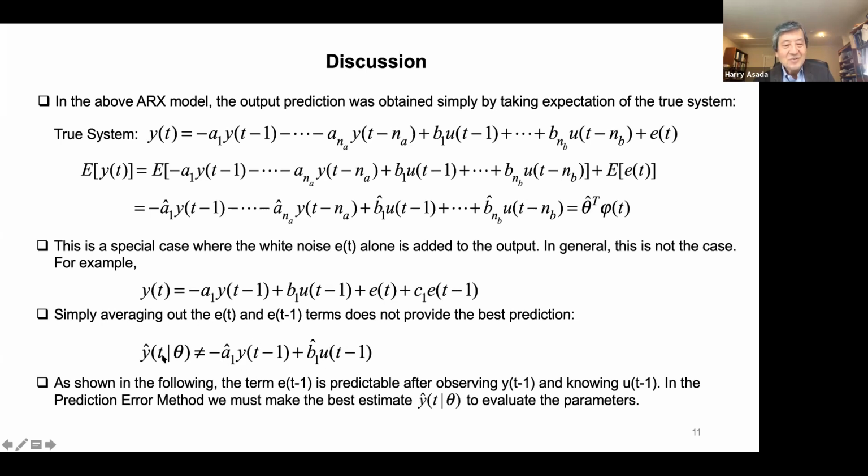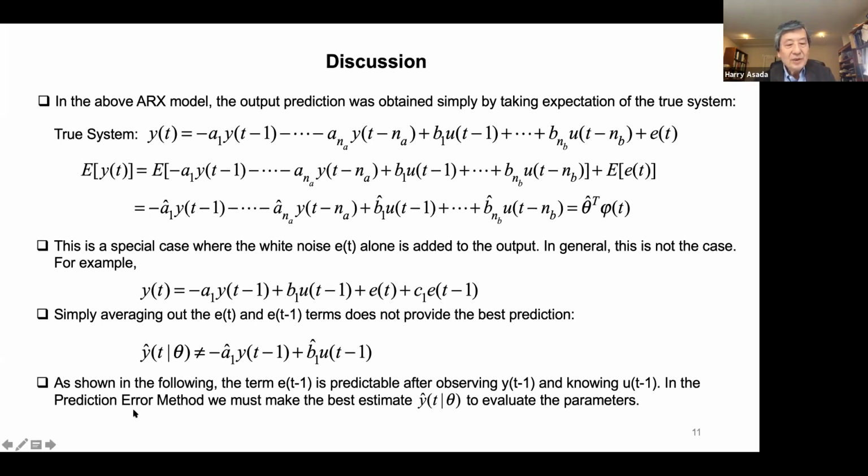In fact, this is not the best estimate that you can make, and I'll show you why. If you use this, you get a biased estimate of the parameter values. As shown in the following, the term ET minus 1 is somewhat predictable after you observe YT minus 1 and know the input you provided, UT minus 1.